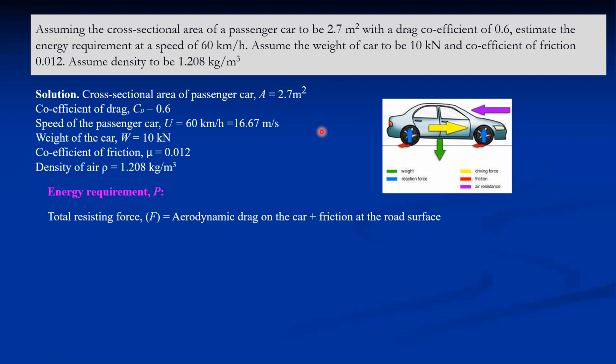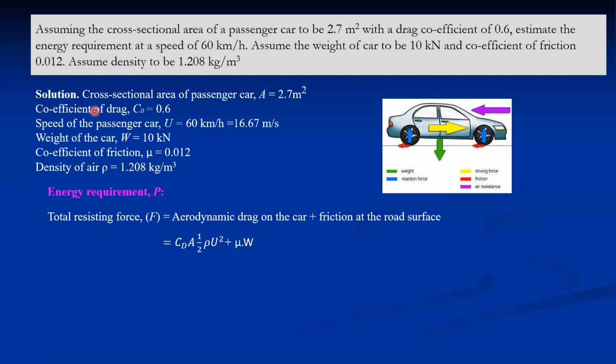offered by a car is equal to the aerodynamic drag force plus friction at the road surface. The aerodynamic drag force is a form drag, CD A 1/2 rho U square, plus mu into W. That is the friction coefficient, or rolling friction.